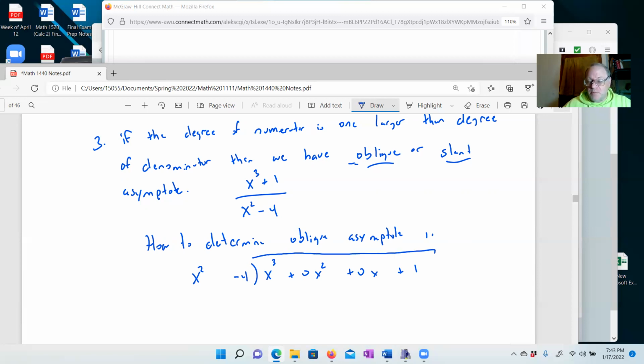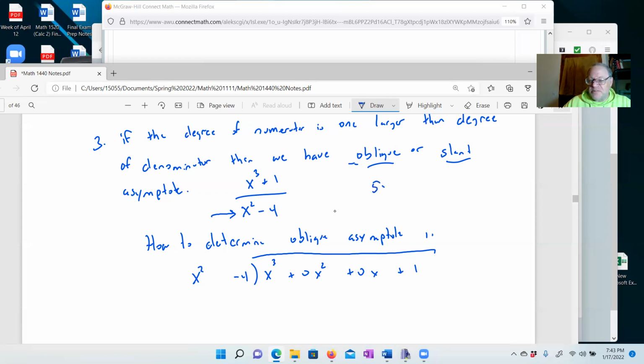Some people will be able to use synthetic division. The only problem with synthetic division is that the usual algorithm we learn these days only has x minus c at the bottom. So if you want to use synthetic division, show off a little bit, that's fine.